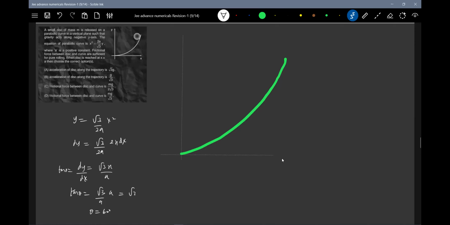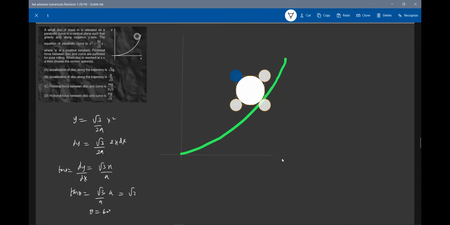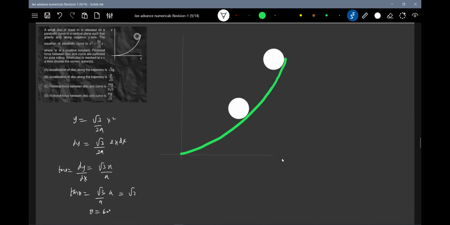The ball is somewhere here, released from rest. When it rolls and the angle theta makes 60 degrees, then we are discussing the problem. Hope everyone is able to understand the condition given here.